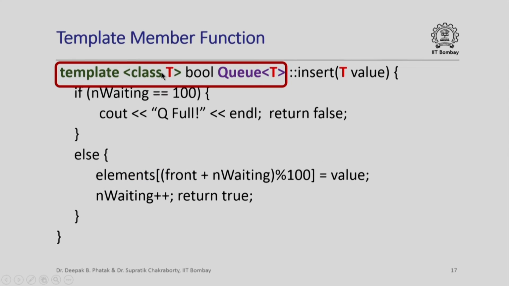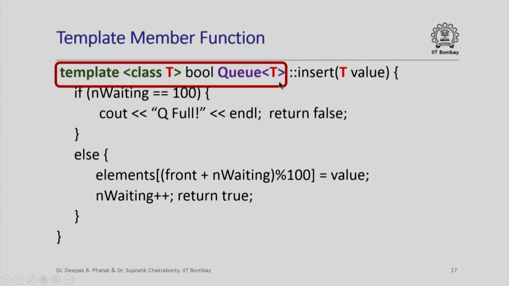Now how are the member functions of this template class going to look like? Well, they are going to be called template member functions, and as you can see they are pretty much the same as what we had seen earlier. I am going to use the generic data type instead of the specific data type. However, instead of saying Q::, I have to say Q<T>::.